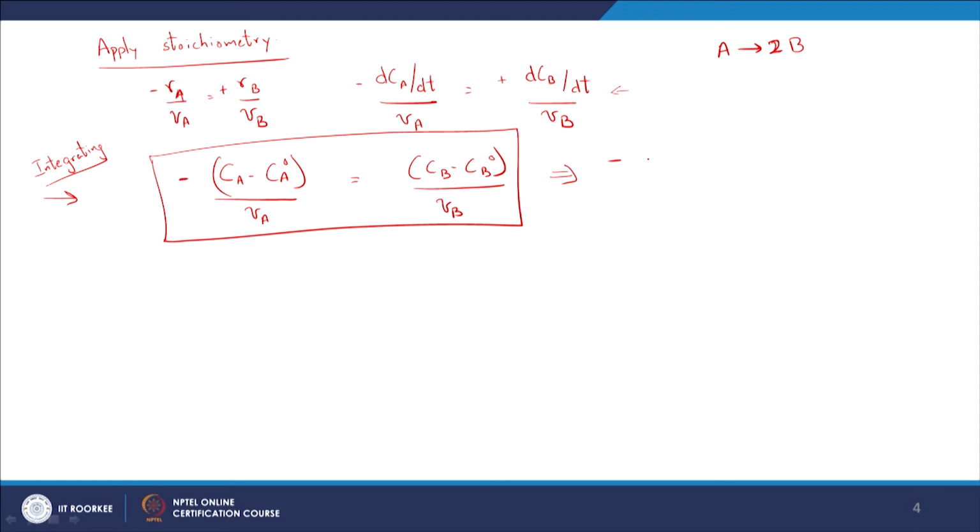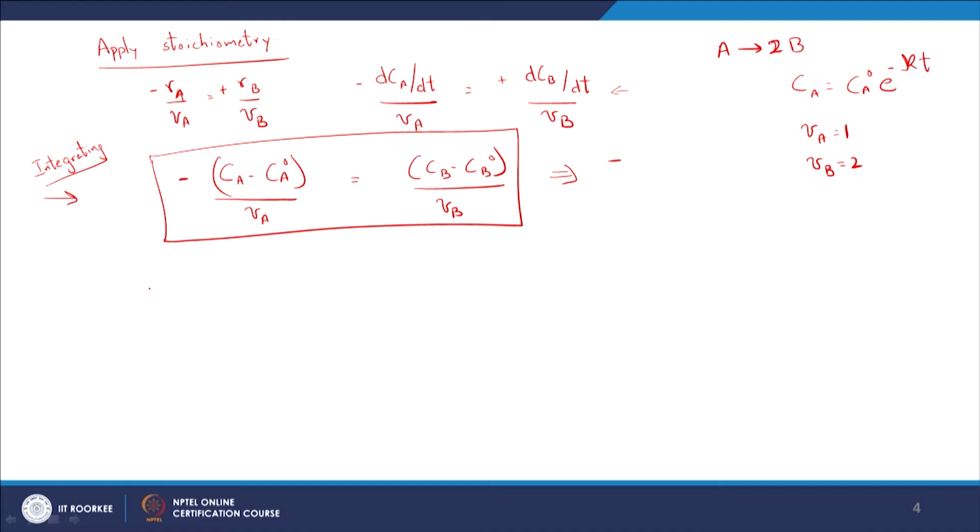So now let us plug in what we have so far. We know that Ca is equal to Ca naught into e power minus kt, that is what we have from our previous equation. We also know that the stoichiometric coefficient of A is 1 and the stoichiometric coefficient of B is equal to 2.